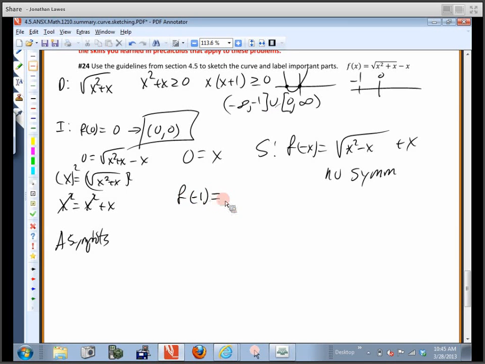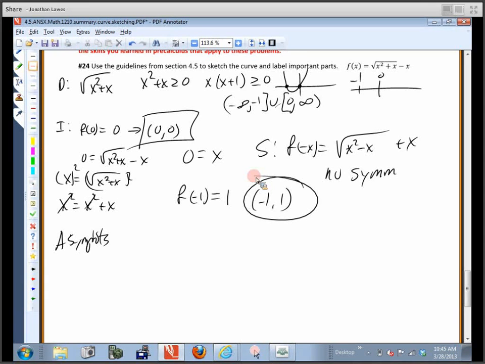What do you get if you plug in a -1? You get 1 minus 1, so you get 0. Square root of 0 is 0. Then minus 1, so you get 1. So we've got this point of -1, 1. So there's another point on the graph, but nothing weird happens there. It just comes down and it terminates into that point. Just stops there. Wherever it was over here, it stops at -1, 1.